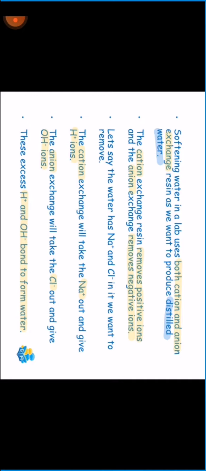So we have the Na+ being gotten rid of and we put in H+, and we have the Cl- being gotten rid of and that is replaced by the OH-, and the H+ and the OH- ions bond to form water. They come together to form H2O.